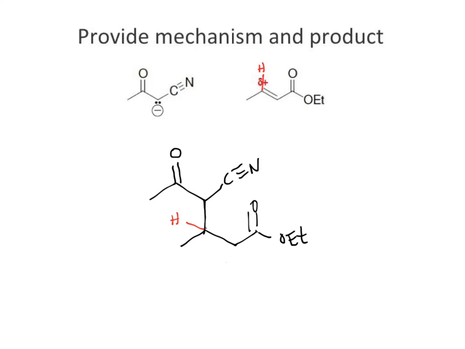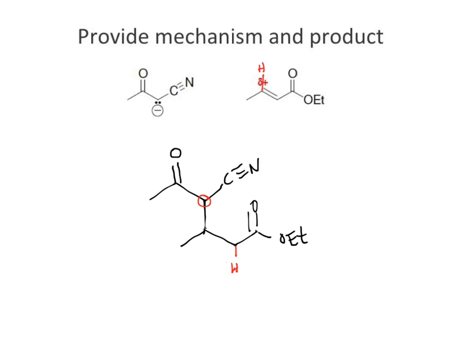Does it make sense to lose a pi bond in an addition reaction? Yeah. Okay, you absolutely should be losing the pi bond. Otherwise, it wasn't an addition reaction. The atoms that were added across our pi bond end up being this carbon and this hydrogen.